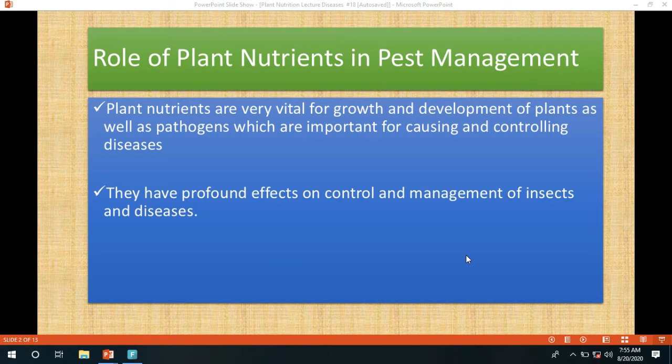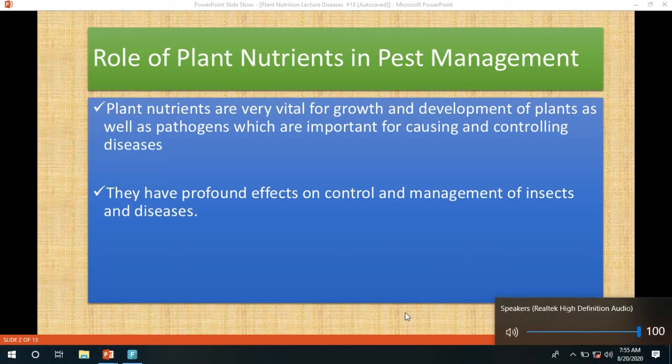As we know, plant nutrients are very vital for the growth and development of plants, as well as pathogens, which are important for causing and controlling diseases. They have profound effects on the control and management of insects and diseases.